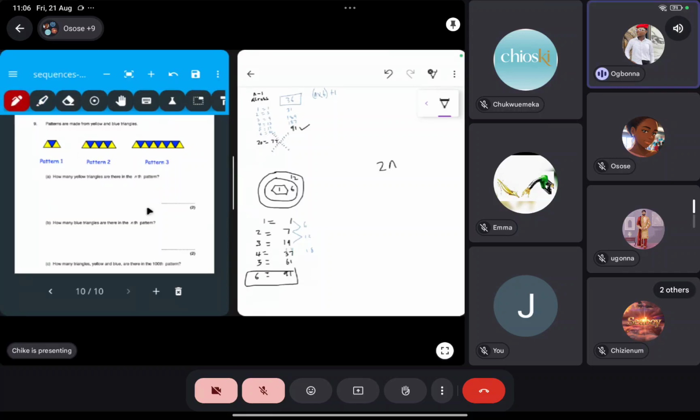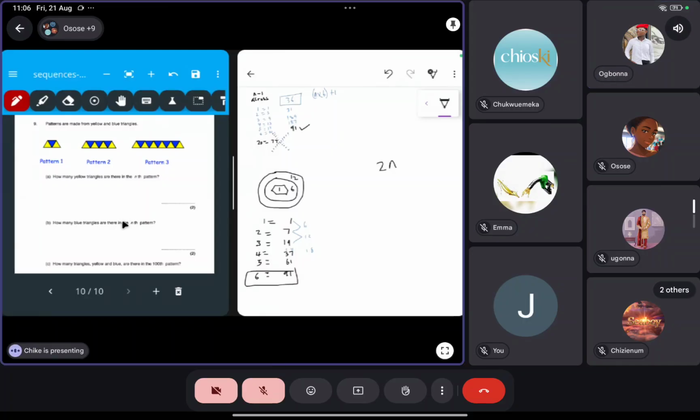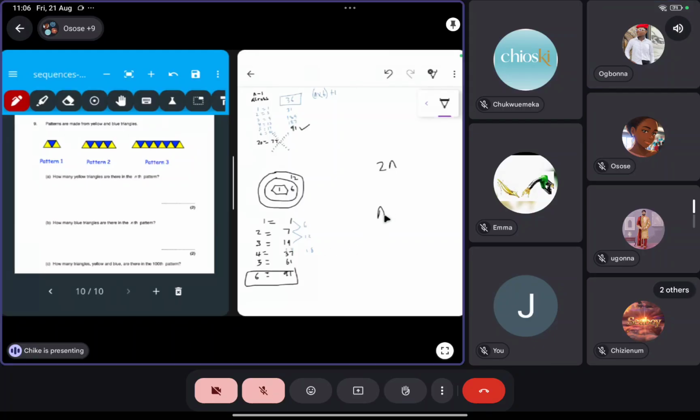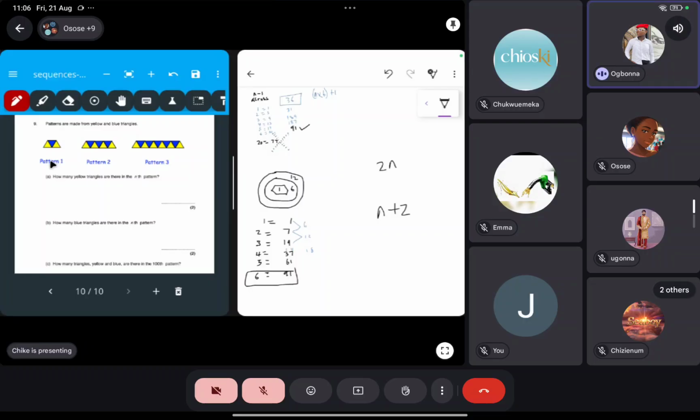But the blue triangles is odd number. So what will be the number in the nth pattern? N plus 2, correct. Because for the first one, wait a minute. 1 plus 2 is 3. 3 plus 2 is 5. 5 plus 2 is 7.